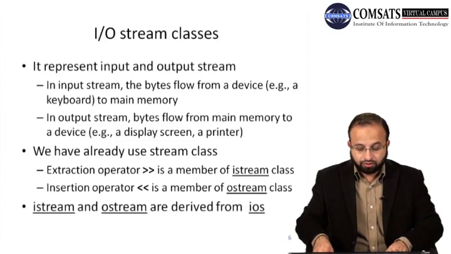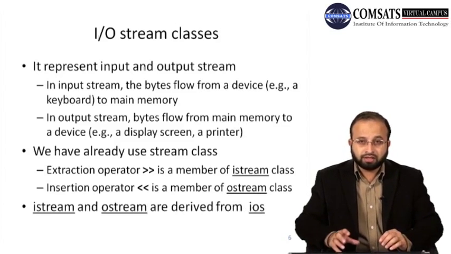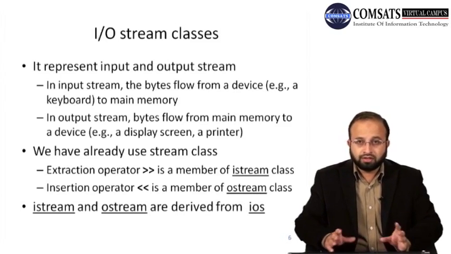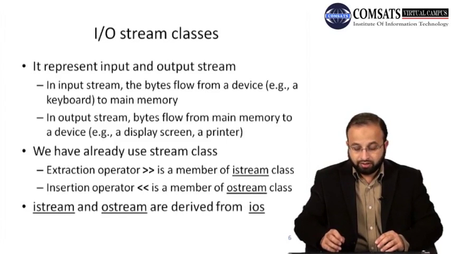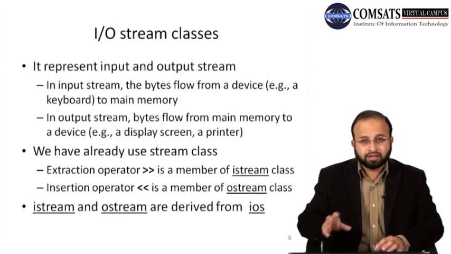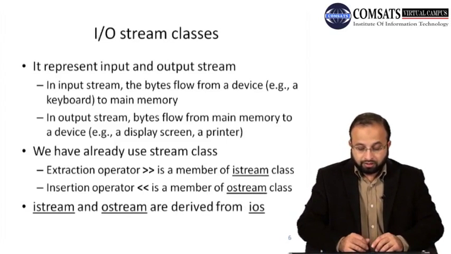So istream and ostream are both derived from the ios class. ios is the base class of all the stream classes, and istream and ostream and fstream and all such kind of classes we'll see later in today's lecture. They are all derived from ios class, right? So ios is considered to be a base class of all the stream classes.